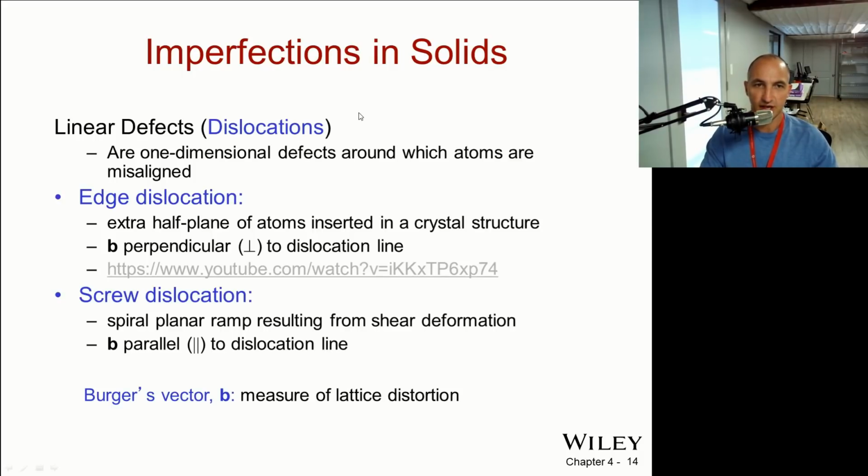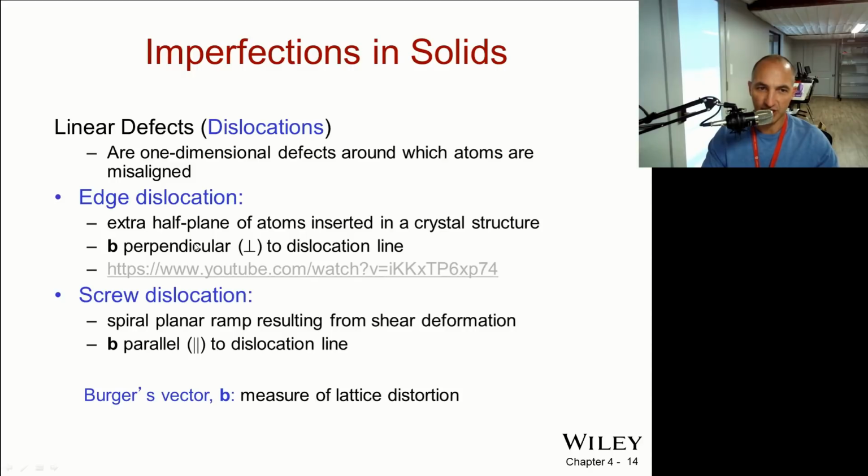So imperfections in solids have linear defects, which we call dislocations. They are one-dimensional defects around which atoms are aligned. There are two types of linear defects.